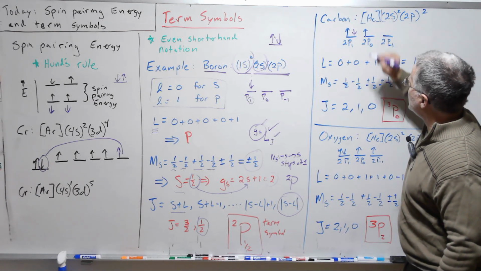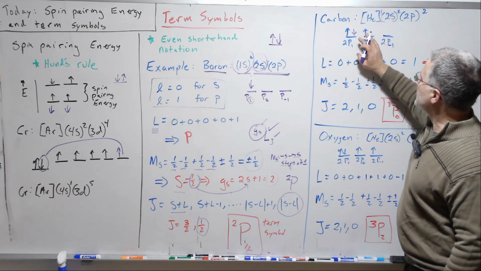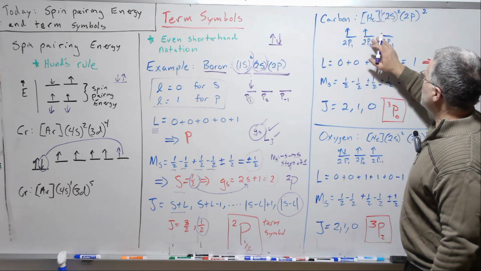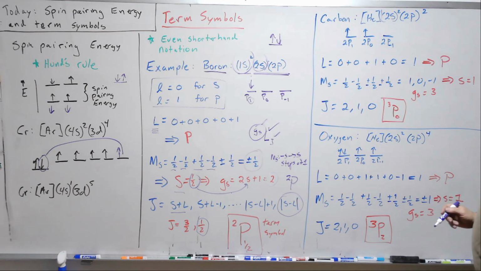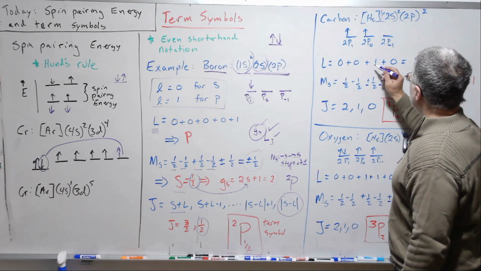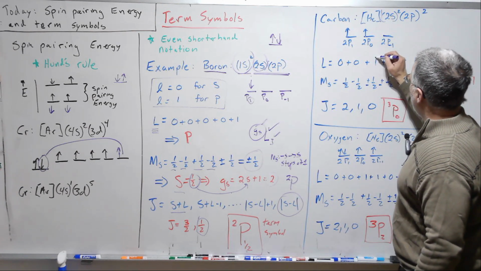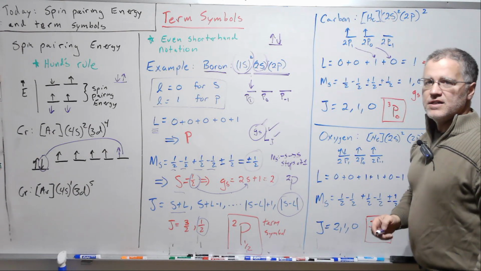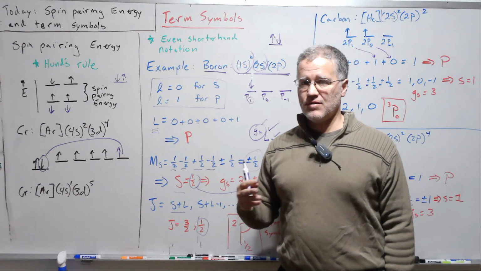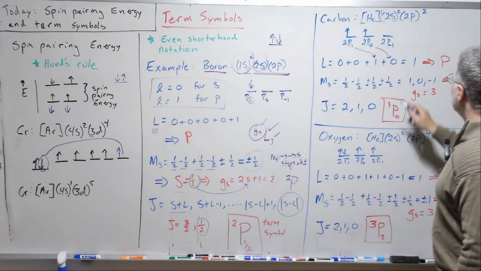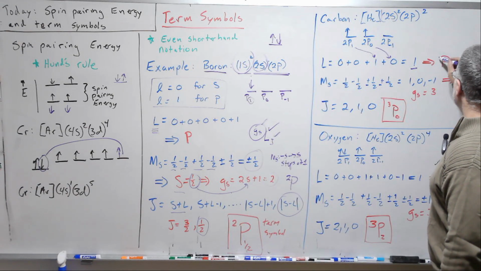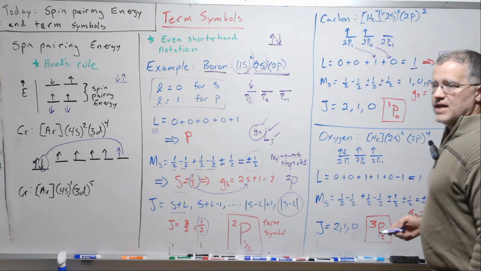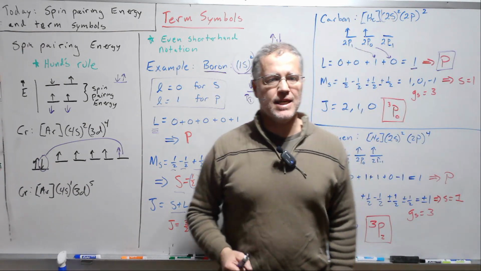See, I could have put one here, but that violates Hund's rule. So obeying Hund's rule, I have this. And so I get 1, this is this 1 right here, and this is this 0 right here. So it's not 1 plus 1, because that would disobey Hund's rule. 1 plus 0, that's 1. And so this tells us that our base term is a P-type state.